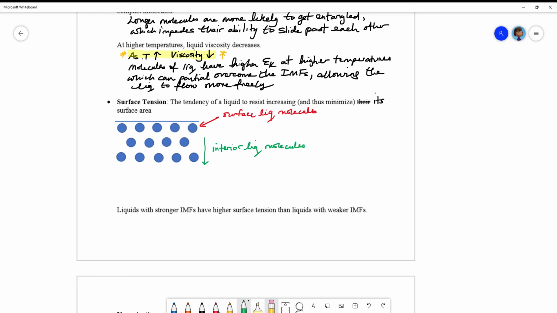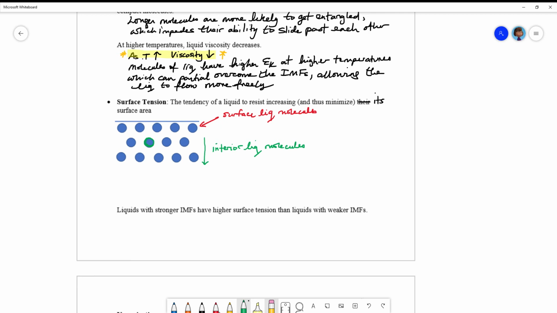So let me take one of our interior liquid molecules. For example, let's take this molecule right here. Now, this little molecule is going to experience intermolecular forces with all of the other liquid molecules that surround it.